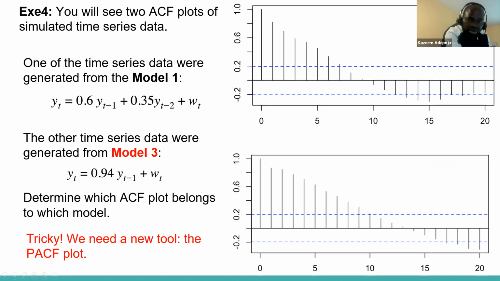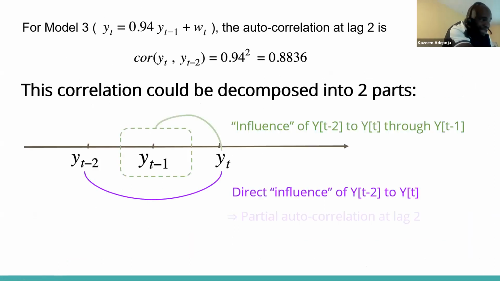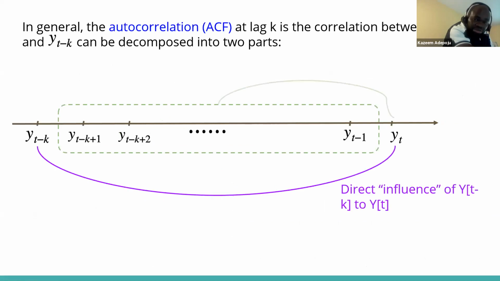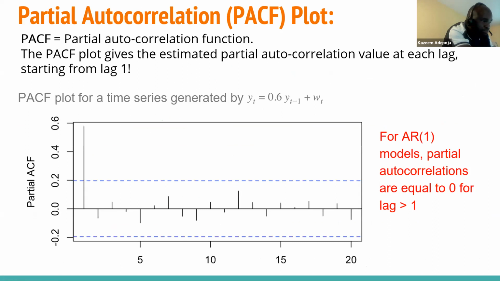All the ACF plots are going to start from 0, because that is when the autocorrelation is 1, when you are considering the same variable. That is how you can distinguish between the ACF plot and the PACF plot.